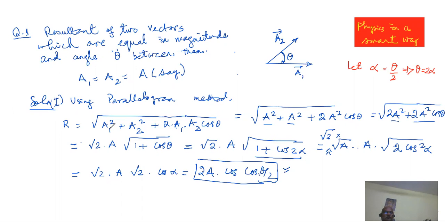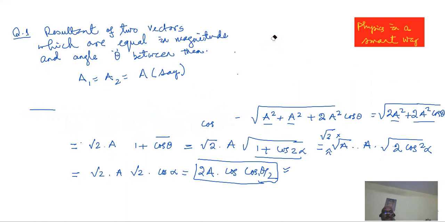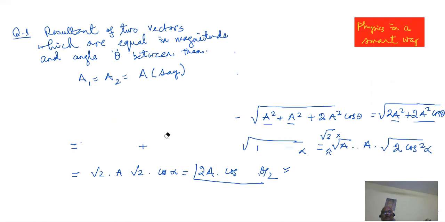Once it is there, allow me to remove the solution and we try to see it in a different way, that too using our component method, the rectangular component method. Let me clear up the space and we shall be considering that.